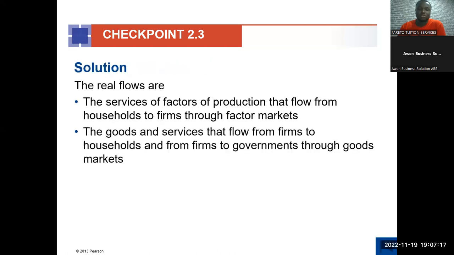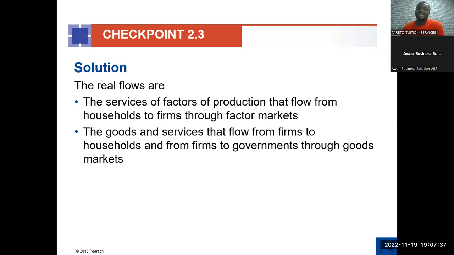Let's look at them. Now, the first real one is the firms going to the factor market to go and buy the factor services. So here the factors of production are real, and this happens in the factor market.